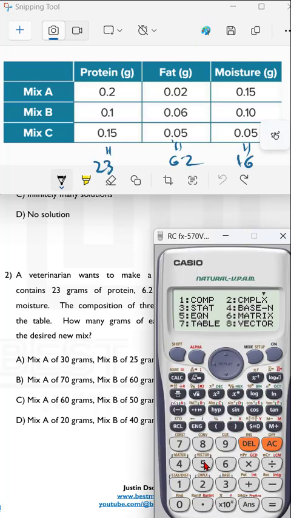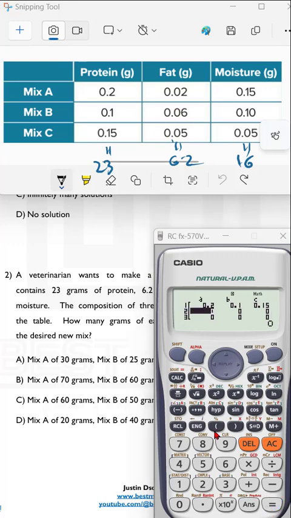We have used mode 5 and 2 for 3 dimensions, 3 variables, and here it will be 0.2. The next one is not 0.02, it's 0.1. Then we have 0.15. This is all equal to 23. Now for the next row it is 0.02, and then we have 0.06, and lastly we have 0.05.